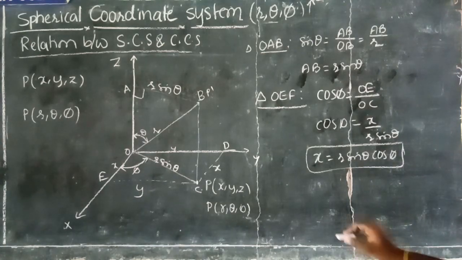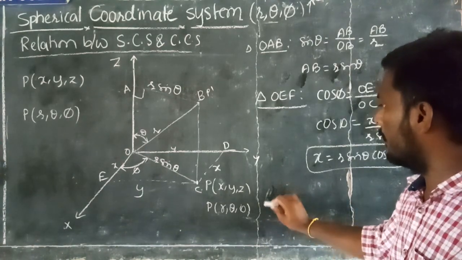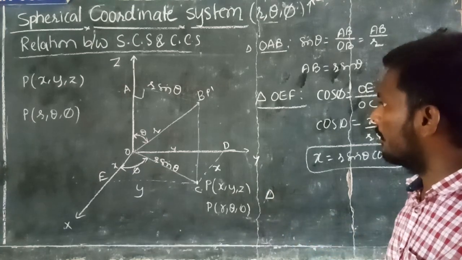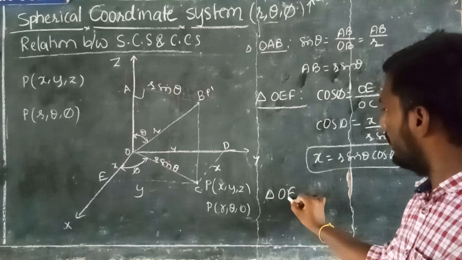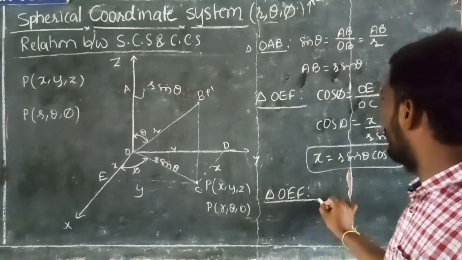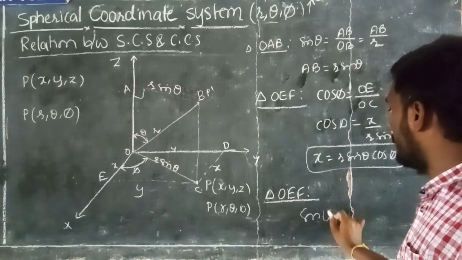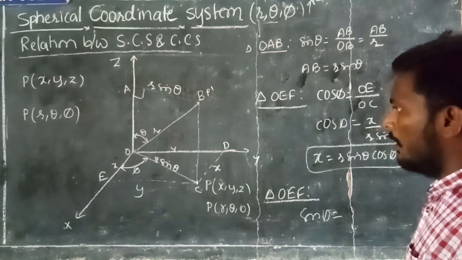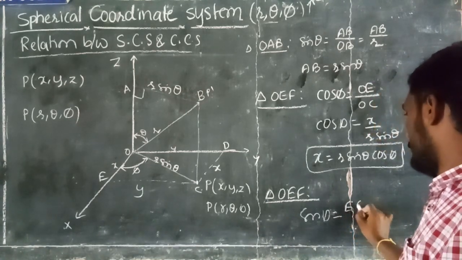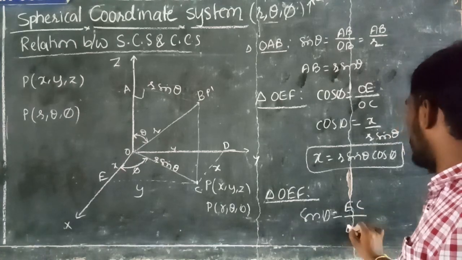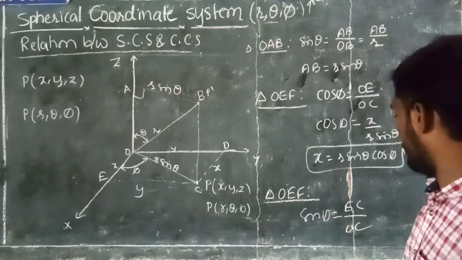Similarly, from the same triangle OEF, apply sin phi. For sin phi, what is the opposite side? It is EC. EC by the hypotenuse OC.